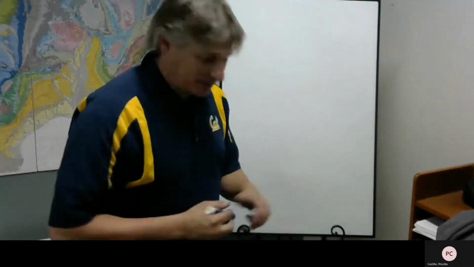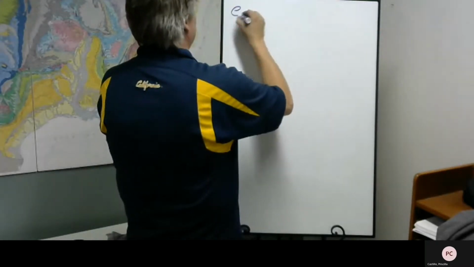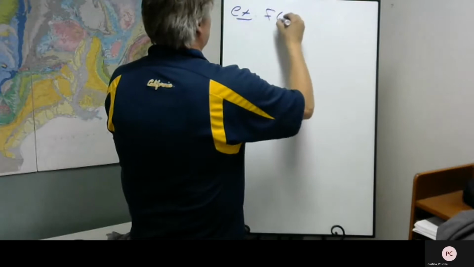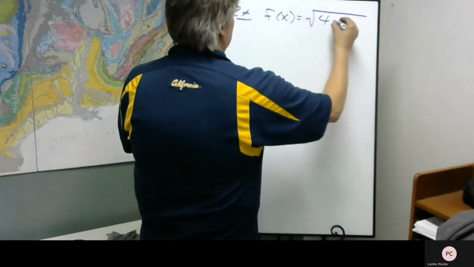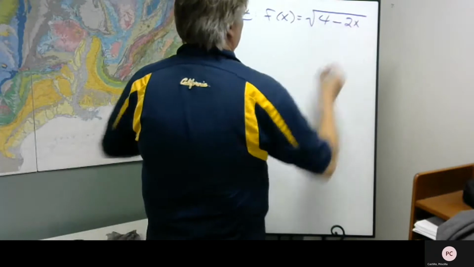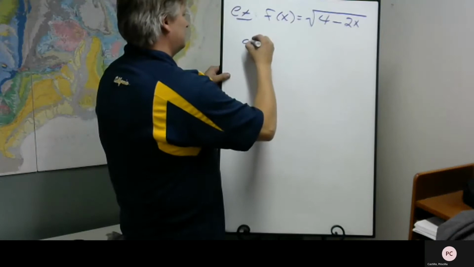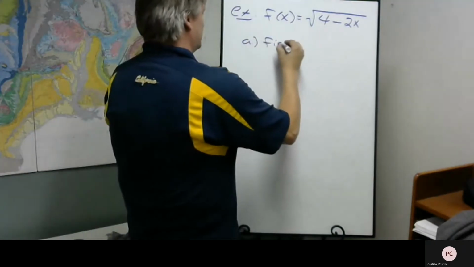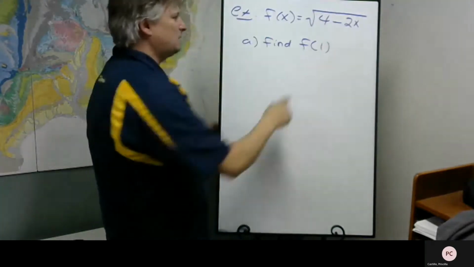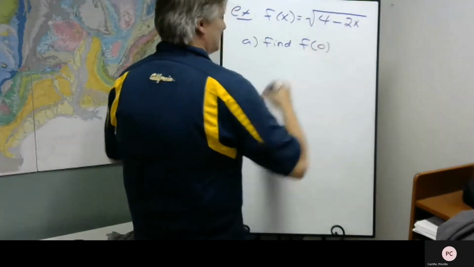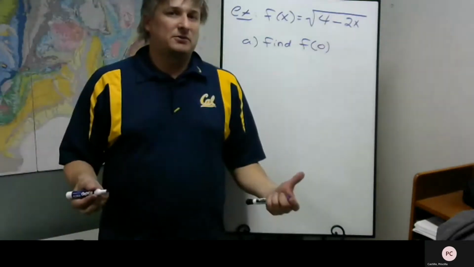So let's say we have something like this. First off, let's find f of 0. Well, we treat this like we treat functions in the past.